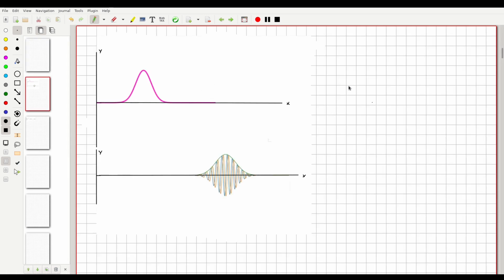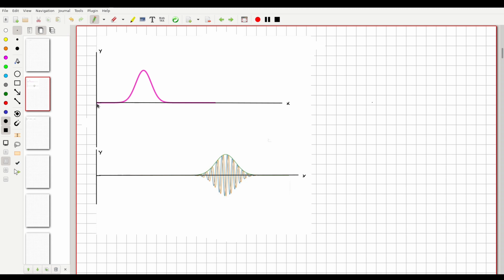Now, I know we've talked about the different types of waves: transverse waves, longitudinal waves, torsional waves, and things like that. But there are also, under those categories, some wave traveling behavior that we need to talk about.